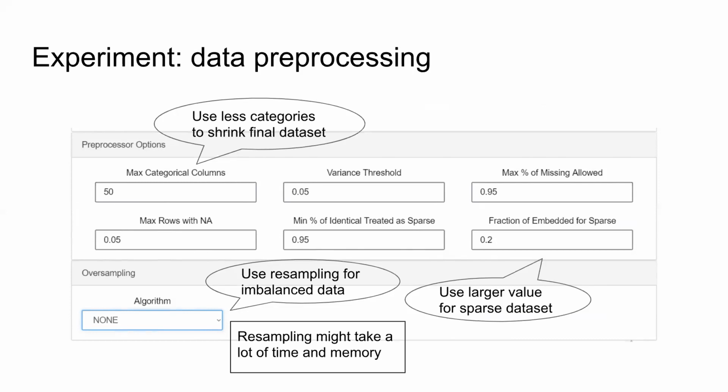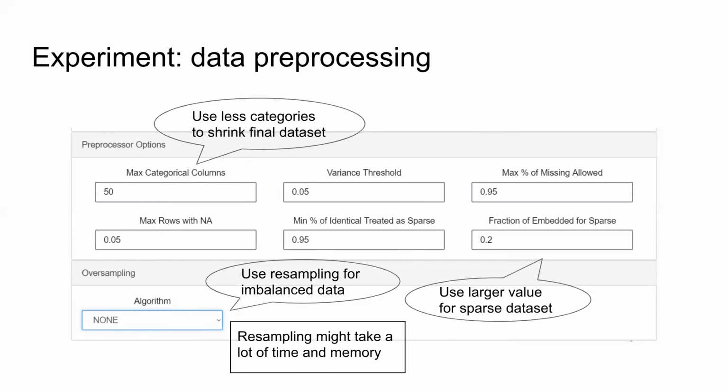However, this may reduce the final performance, so use this option carefully. For truly sparse data sets, you can consider a larger number of embedded space in order to not throw away a lot of sparse columns.